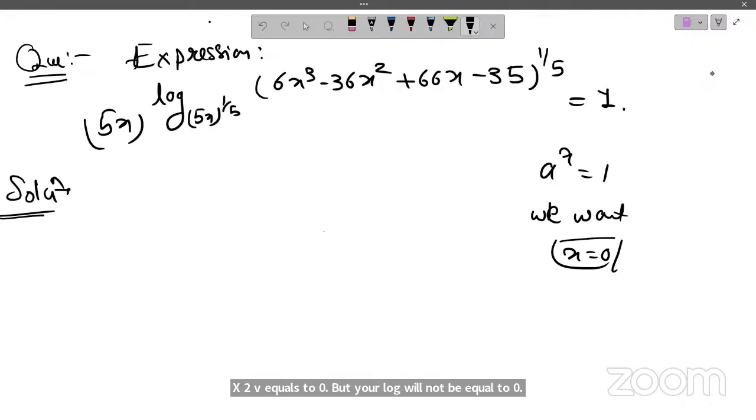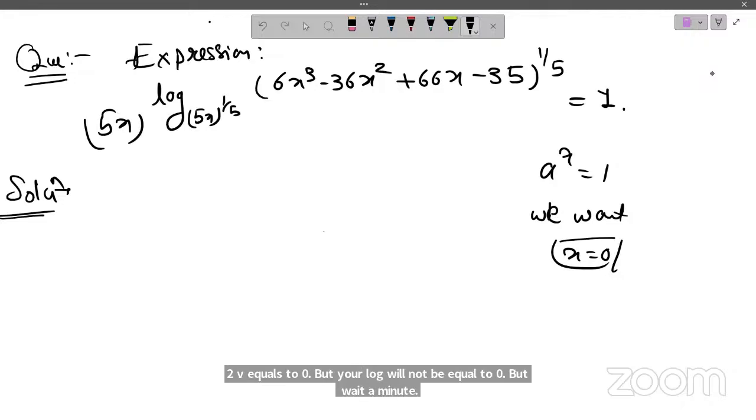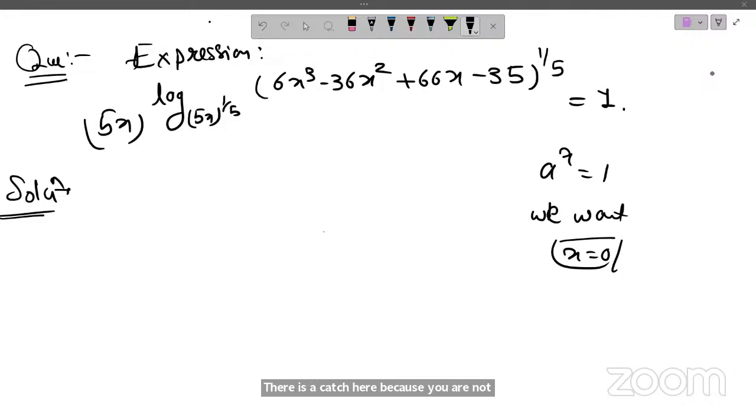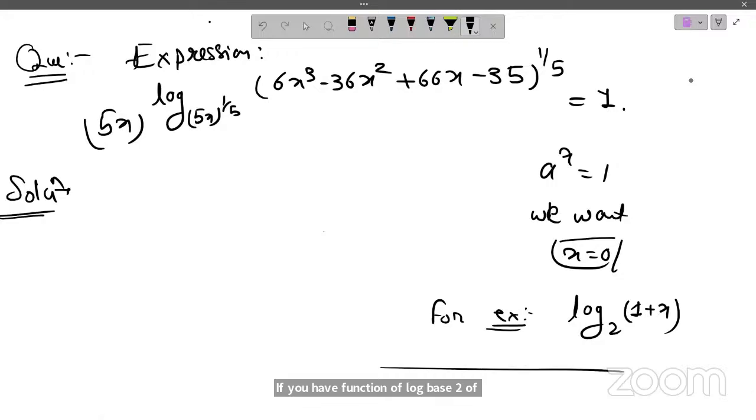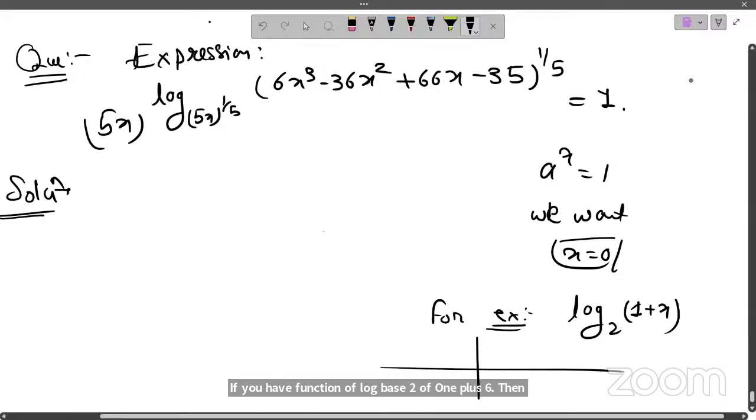But wait a minute, there is a catch here, because you are not given just log base x. For example, if you have the function log base 2 of 1 plus x, then the graph of this function will look like this.